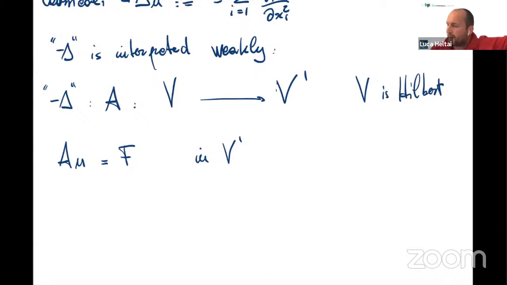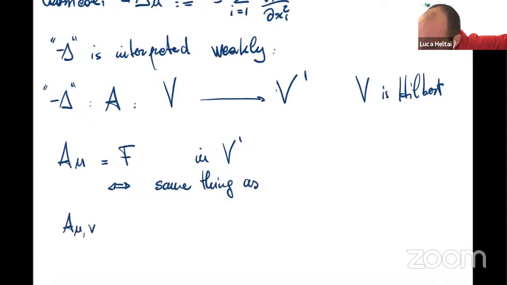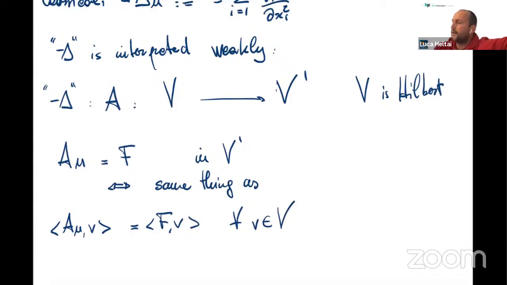So Au equals F in V prime is equivalent to taking the duality product between Au and v, and F and v, for any v in capital V. So far I haven't specified anything about what space I'm looking at.